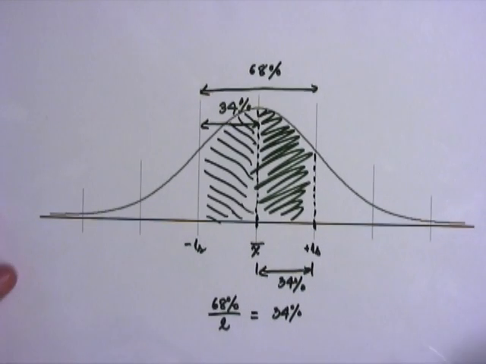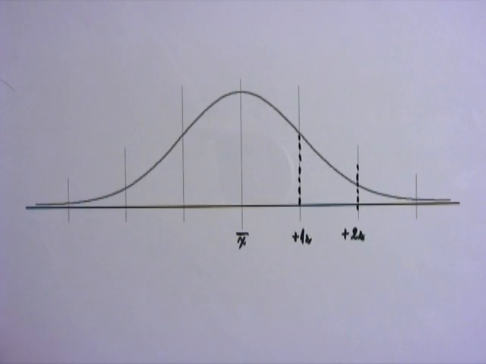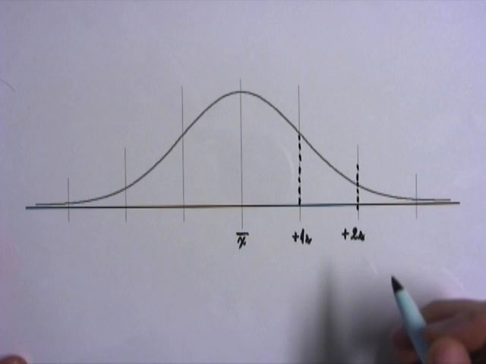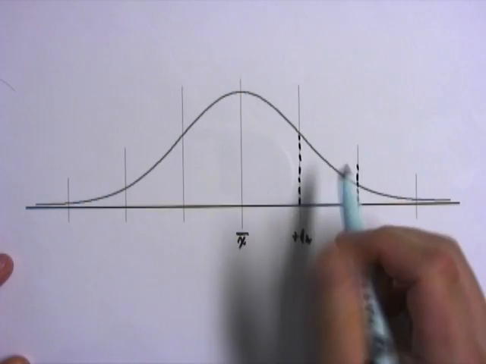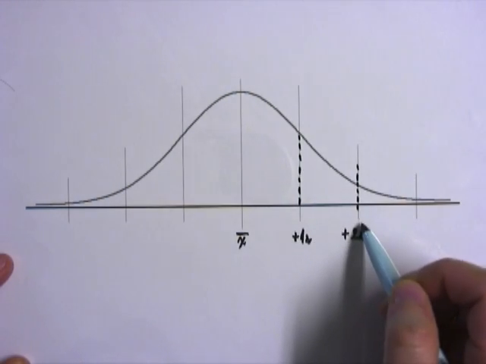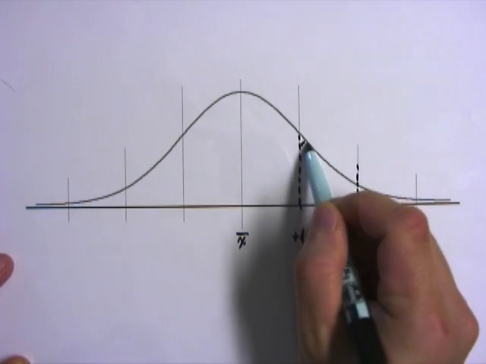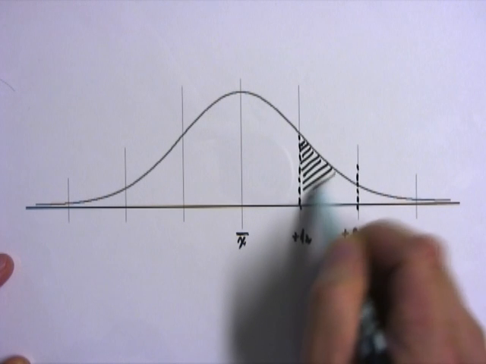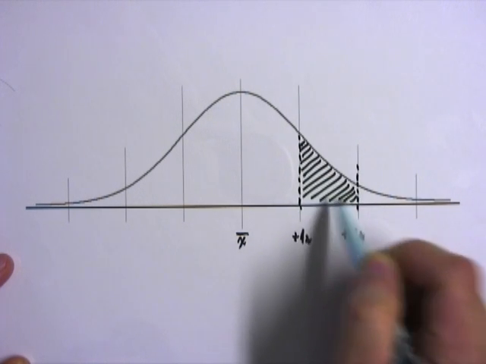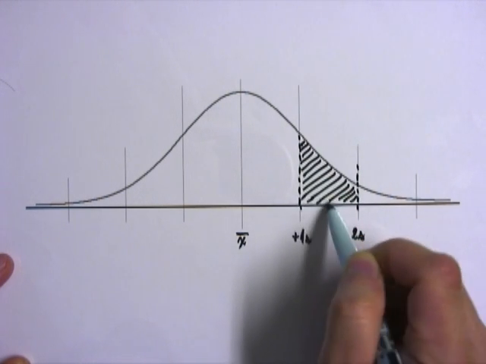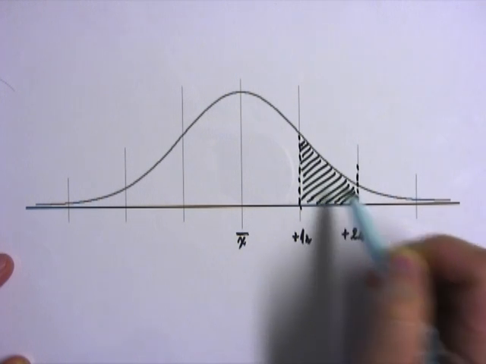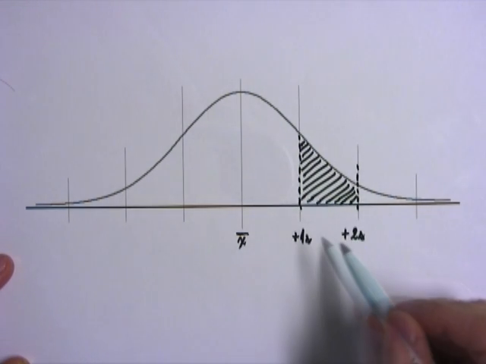Okay, so now if you're looking at the interval from 1 standard deviation above the mean to 2 standard deviations above the mean, in the interval that I'm shading right there, let's try to find out what percentage of data is contained within this interval.